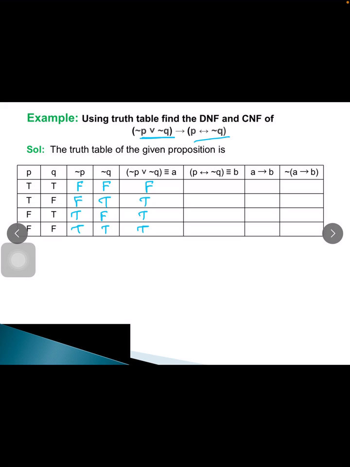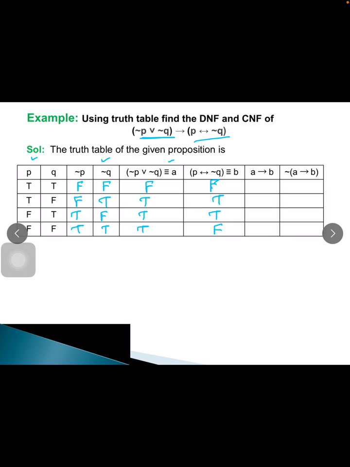Next we calculate P implies negation Q. This is P, this is negation of Q. By implication, true implies false is false, true implies true is true, false implies false is true, and false implies true is true.